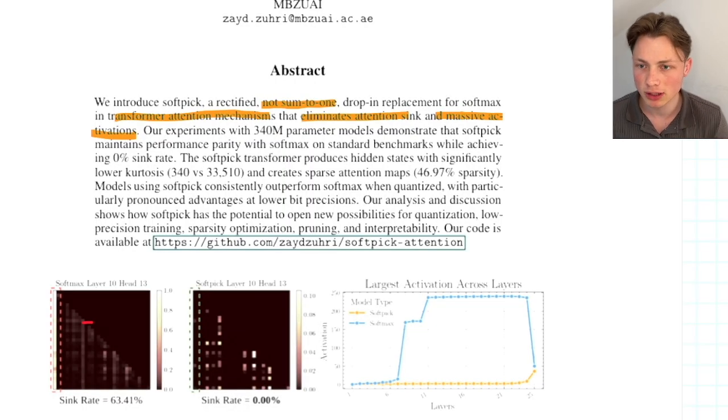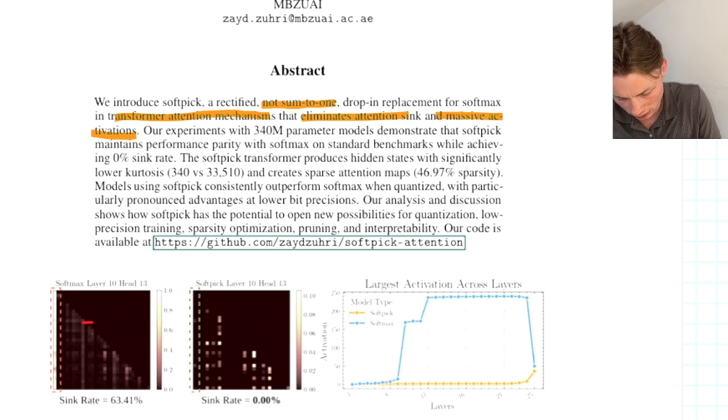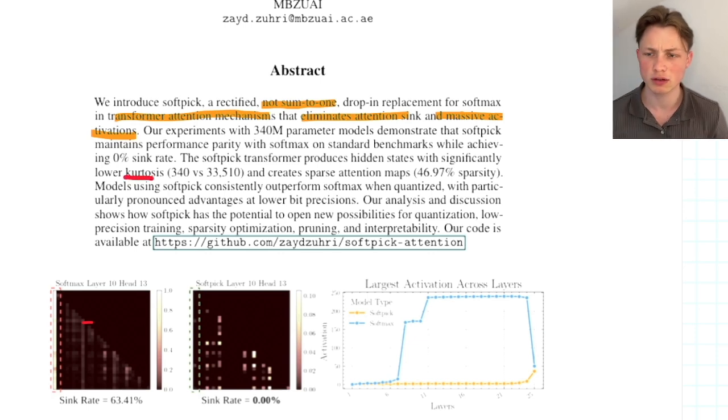Our experiments with 340 million parameter models demonstrate that Softpick maintains performance parity with Softmax on standard benchmarks while achieving 0% sink rate. So if we replace Softmax by Softpick, the attention sink no longer happens, and now they are talking about the kurtosis in the next sentence, and kurtosis measures how our distribution is shaped.